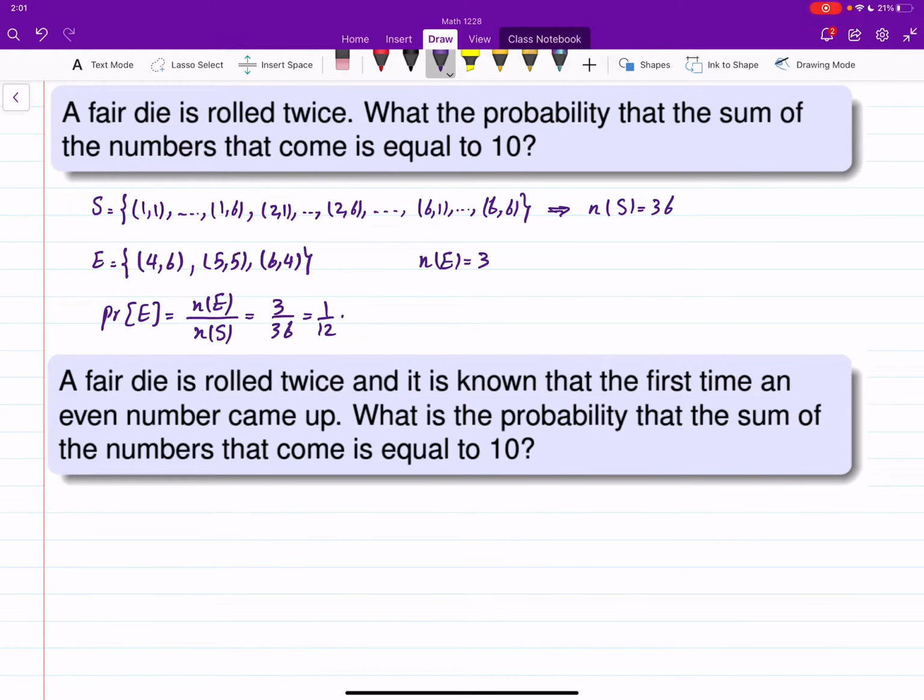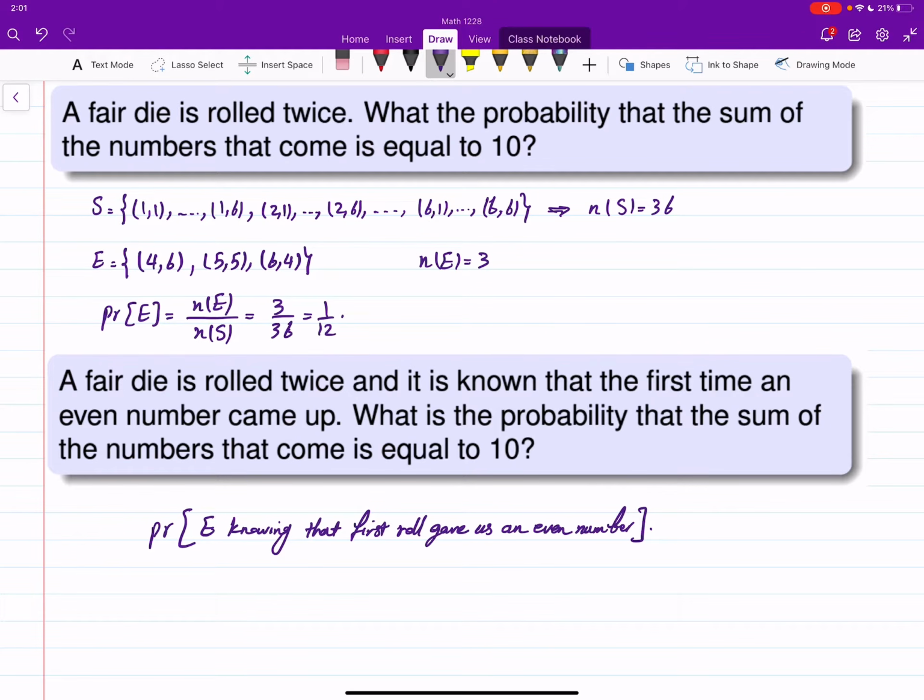And now we are looking for the probability of the sum being equal to 10. So basically we are looking for the probability of E, knowing that the first roll gave us an even.